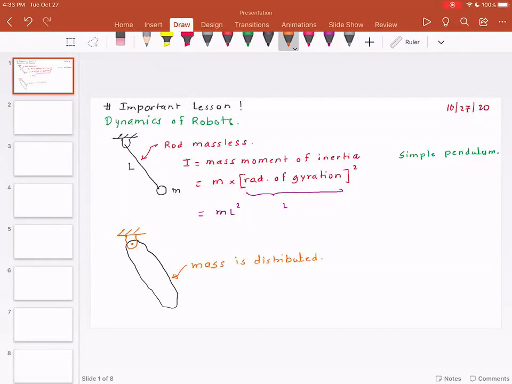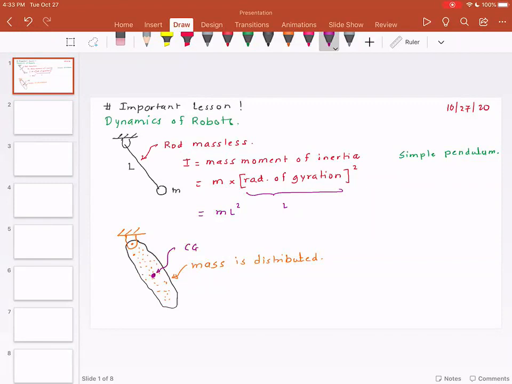The total mass is m, but this total mass is made up of teeny tiny particles dispersed in this mass. Now, we studied the concept of centroid and center of gravity. So we can say this mass is concentrated at this location, CG.